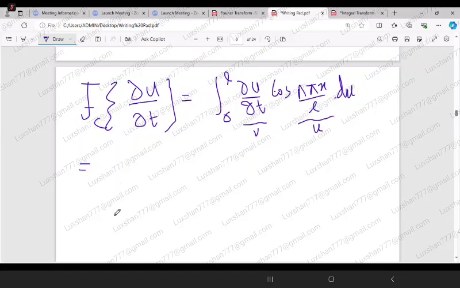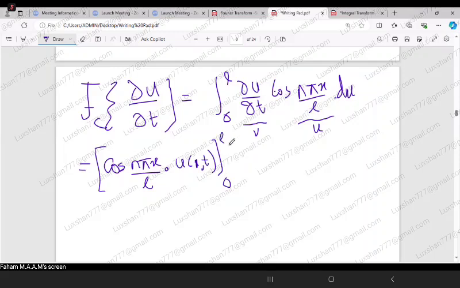The first function as it is, cos(nπx/L), into the integration of the other, which is u(x,t), and I have to substitute the limits 0 to L. Here you don't need to put n because we are differentiating with respect to x.